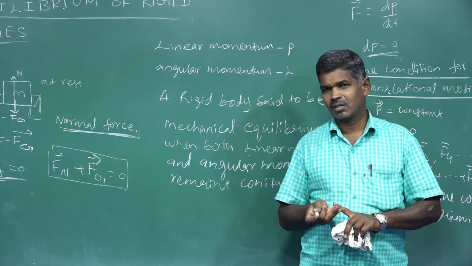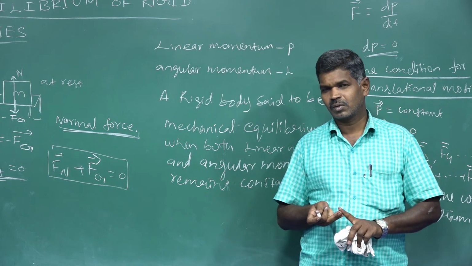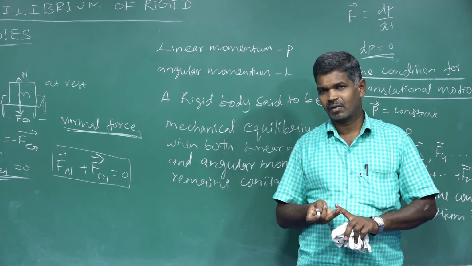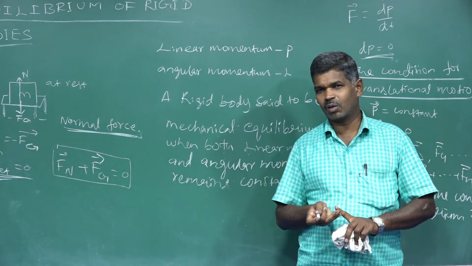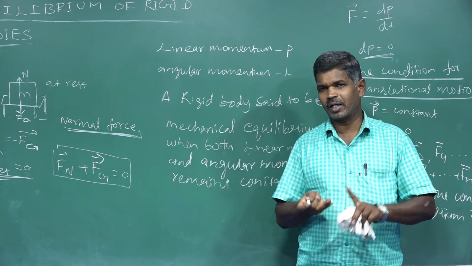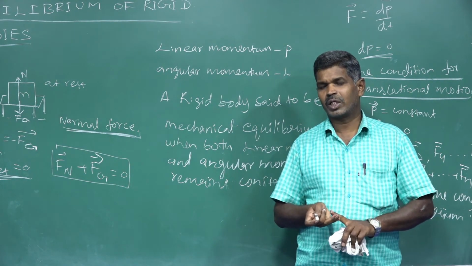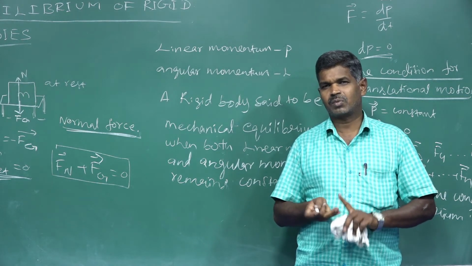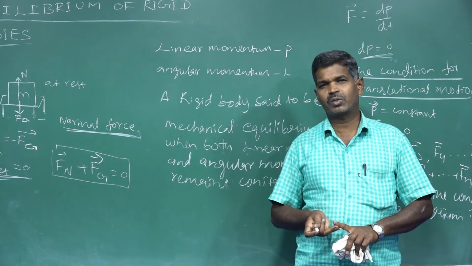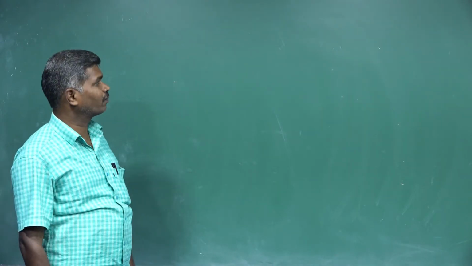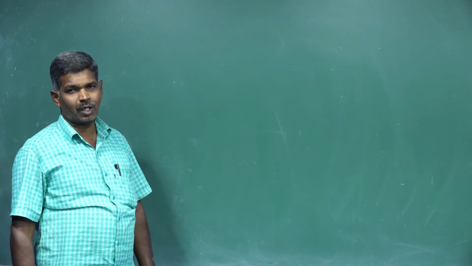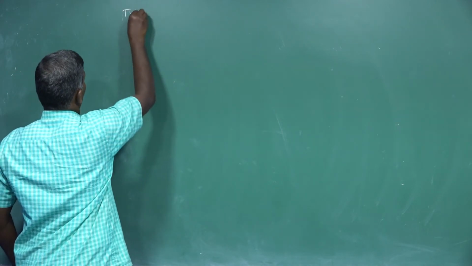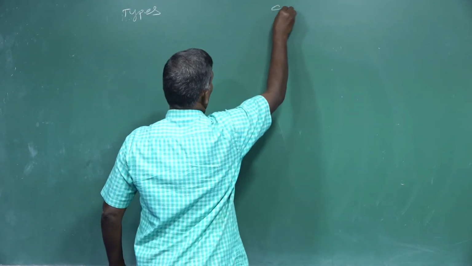Another one is rotational equilibrium. If angular momentum remains constant and net torque is zero, that particle or body attains rotational equilibrium. Apart from that, we have some other types of equilibrium that we are going to see, along with their conditions.